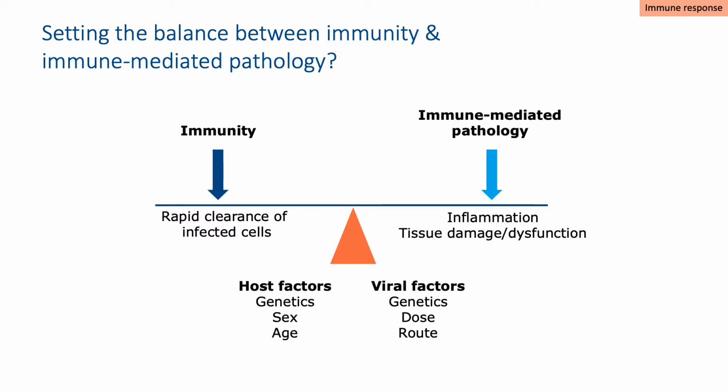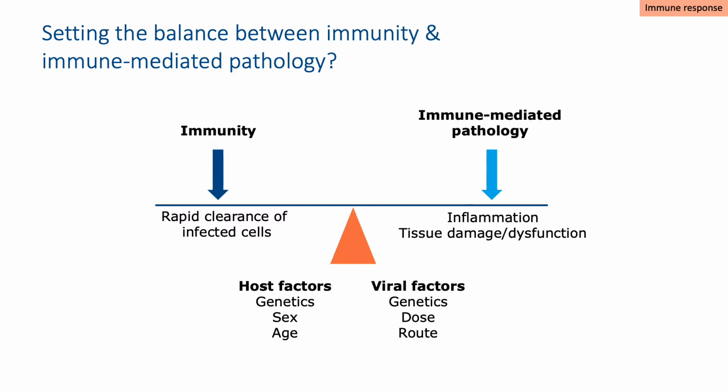As such, it shouldn't be a surprise to us that there is a balance that has to be formed between an immune response necessary to clear virus and an immune response which may be overexuberant, causing, if you like, secondary damage, causing tissue damage, and then in turn tissue dysfunction.